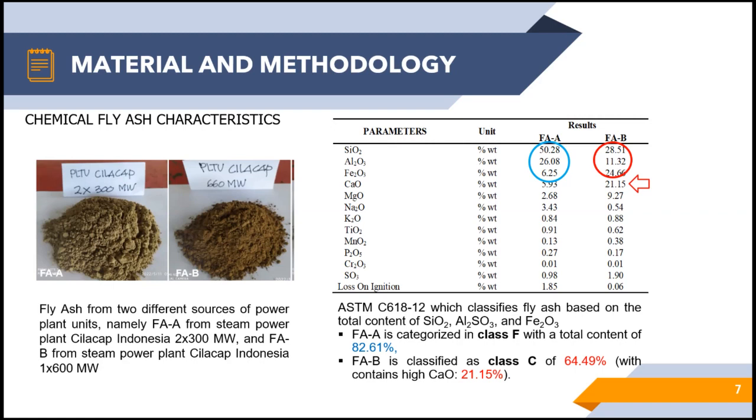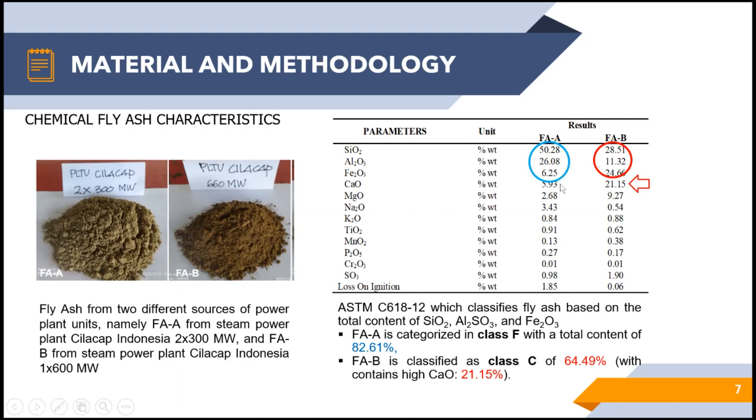On the right table, we see the result of the chemical characteristic of fly ash A and fly ash B. If we refer to ASTM C618-12, which classifies fly ash based on the total content of SiO2 plus Al2O3 plus Fe2O3, we can see that fly ash A is categorized as fly ash class F with a total content of 82.61%, in the blue circle.